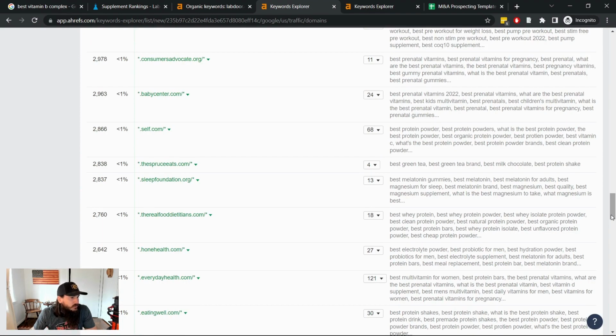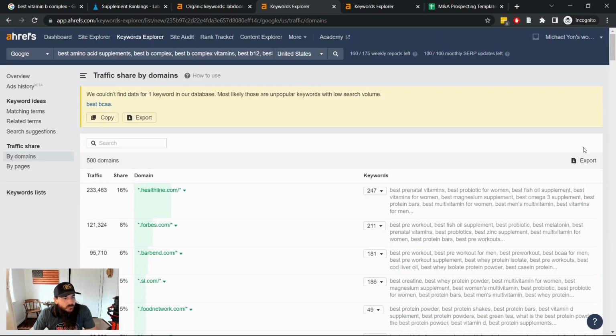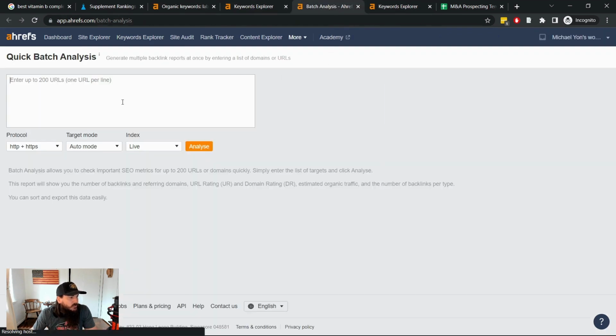And then what I would do is after you export into a CSV, you can just open up the Ahrefs batch analyzer, throw up to 200 domains in there, and then you're going to get a ton of stats about each one. And you can throw that into your prospect tracker and essentially reach out, do further due diligence on each site that you're interested in, potentially reach out to the owner and see if they're for sale.